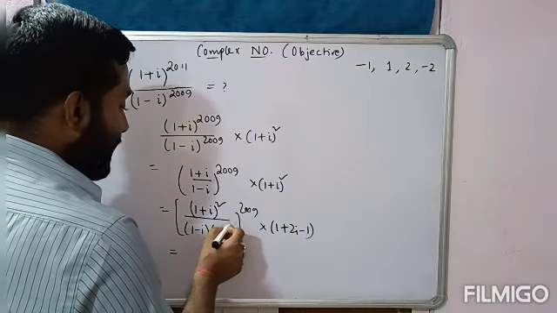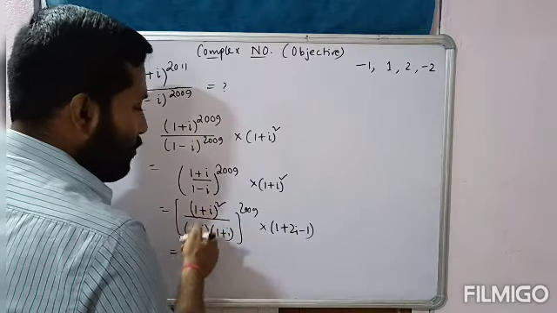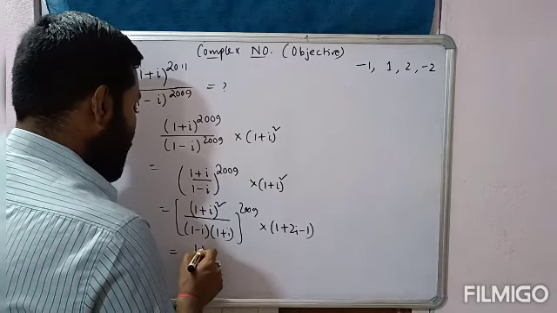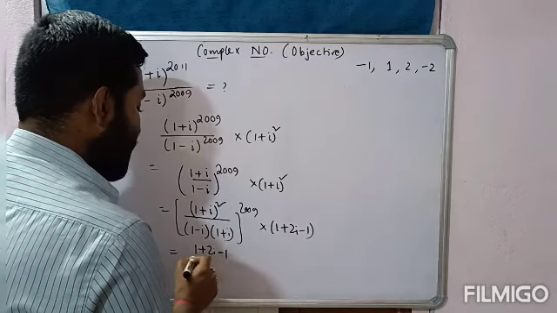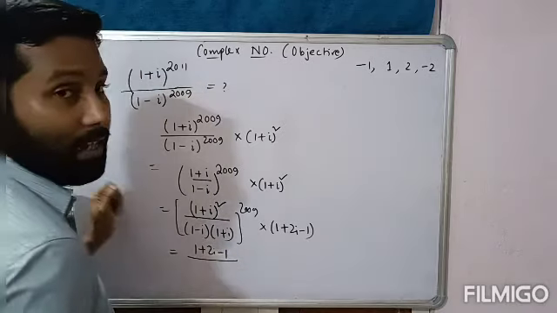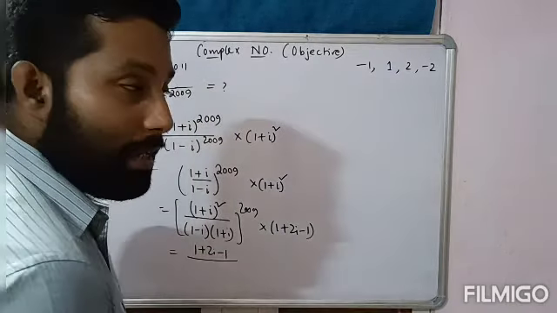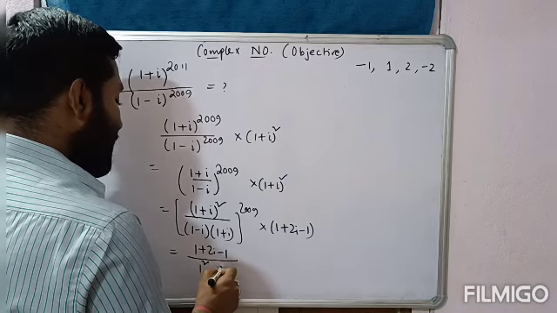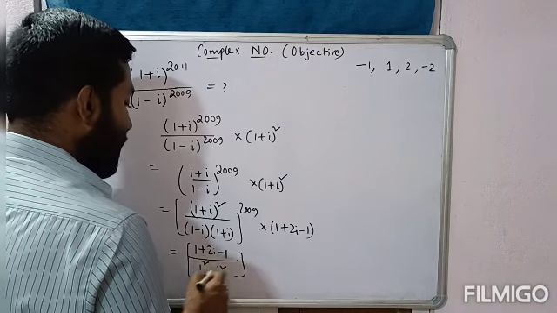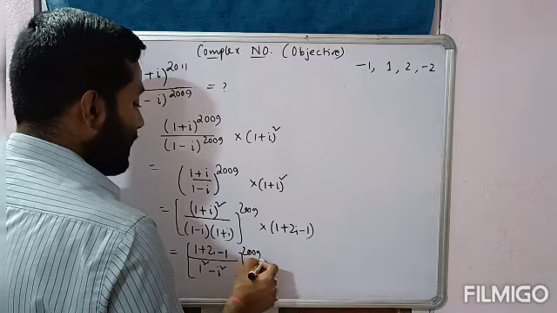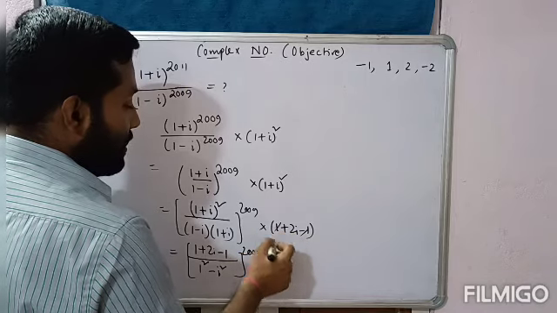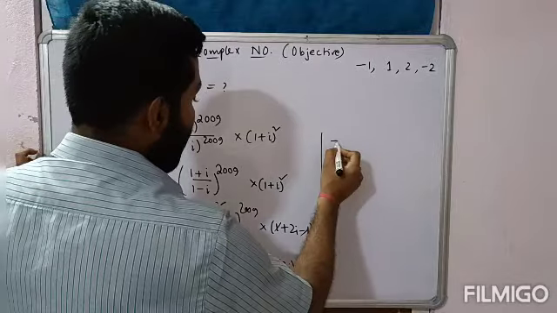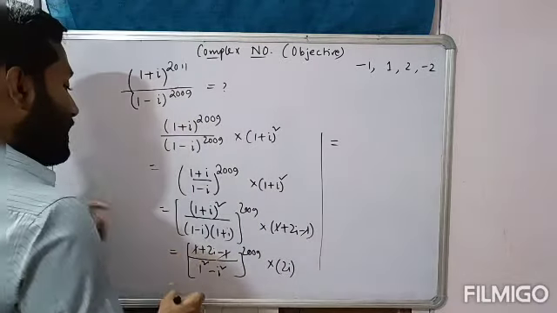If I expand the numerator, then see what will happen: 1 plus 2i minus 1 divided by the denominator, (1 minus i) into (1 plus i). It can be written as 1 square minus i square, whole thing to the power 2009, into, यहाँ पे -1 plus 1 कैंसिल हो जाएगा तो फिर रहेगा 2i. So this is equal to -1 plus 1 cancel, 2i.